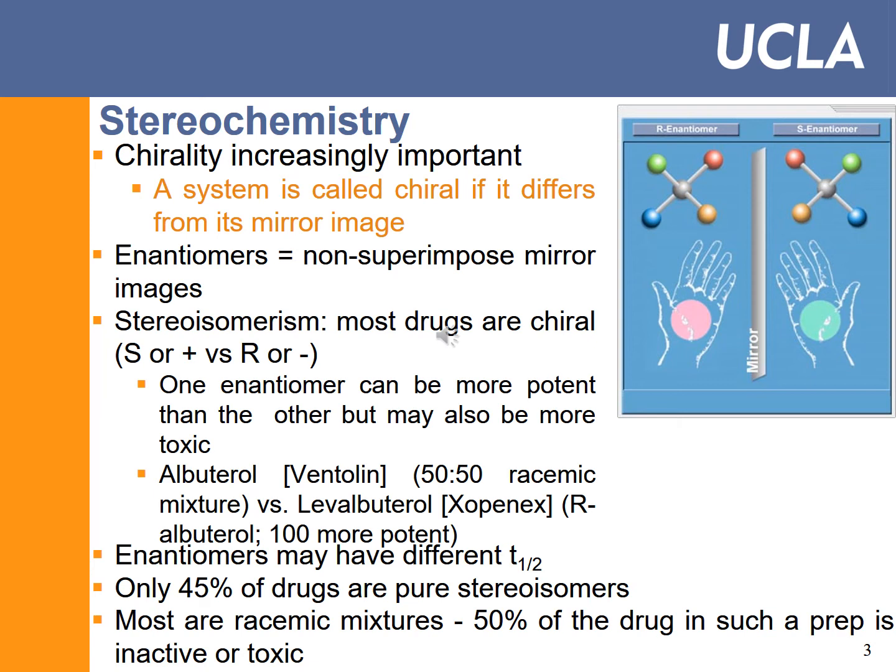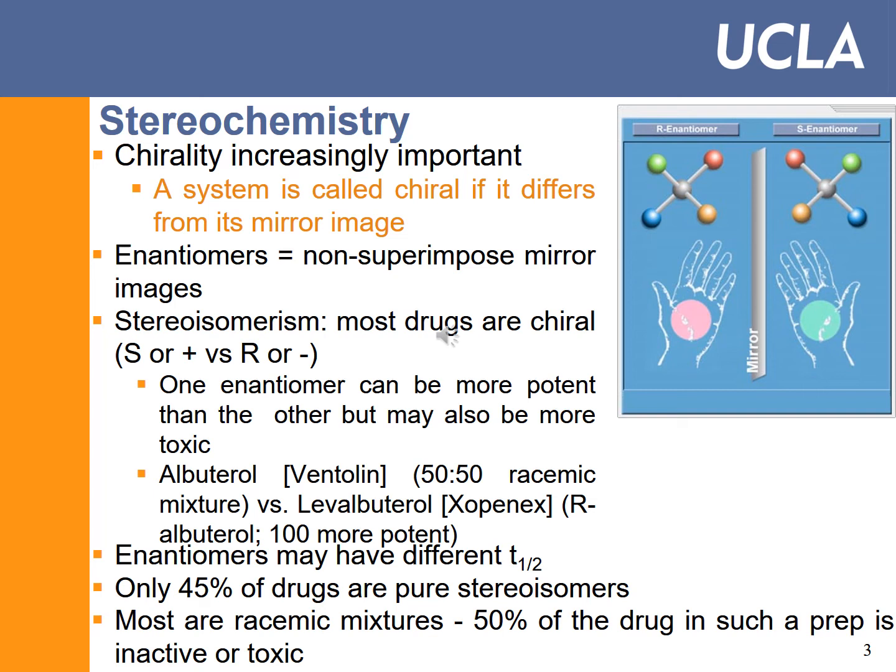And so here is an example, which is albuterol or Ventolin, which is the racemic mixture, which means it contains 50-50 of each enantiomer, versus levalbuterol. Levalbuterol is only the R-albuterol, and that one is 100 times more potent.